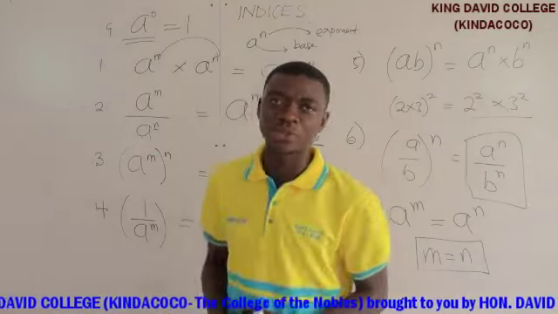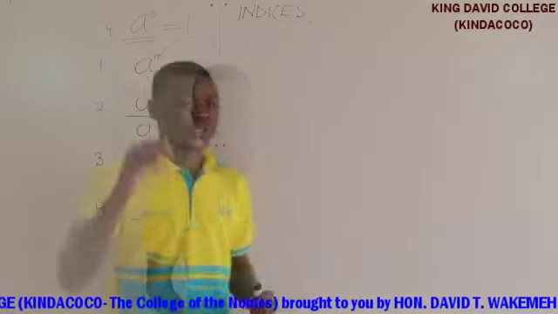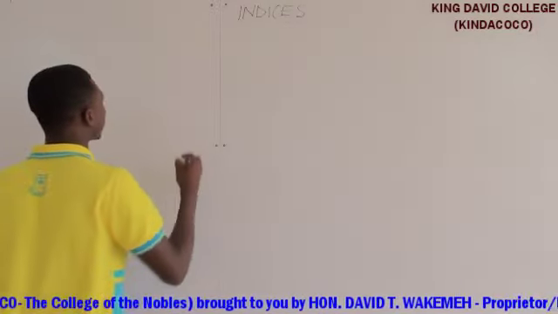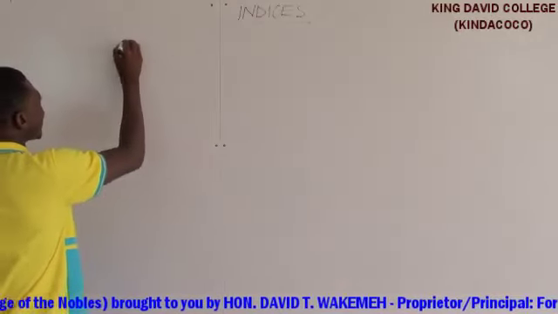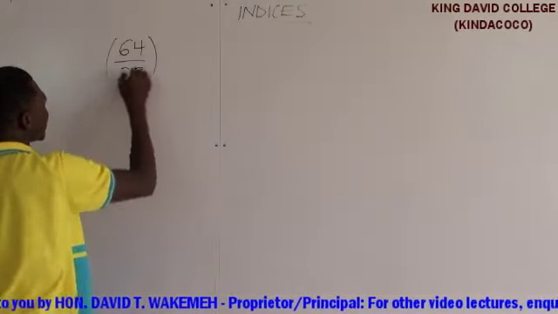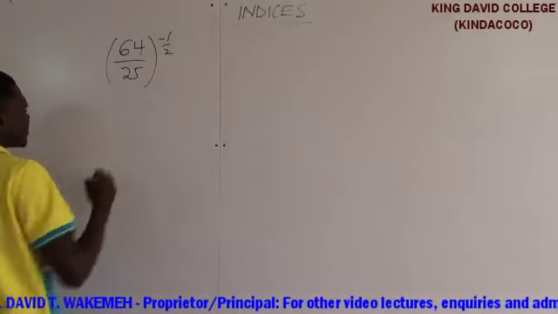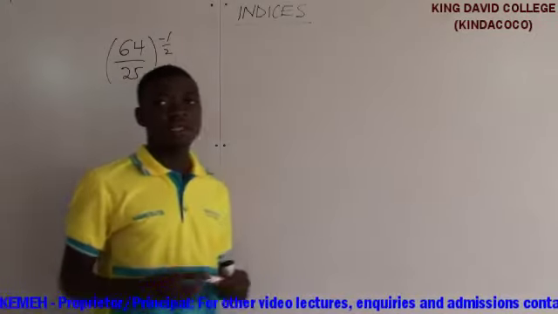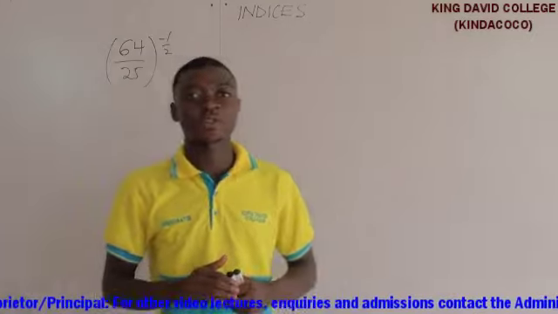So now let's go to solving numerical problems. Let's look at this example. Supposing you are asked to evaluate 64 over 25, all raised to the power negative half.